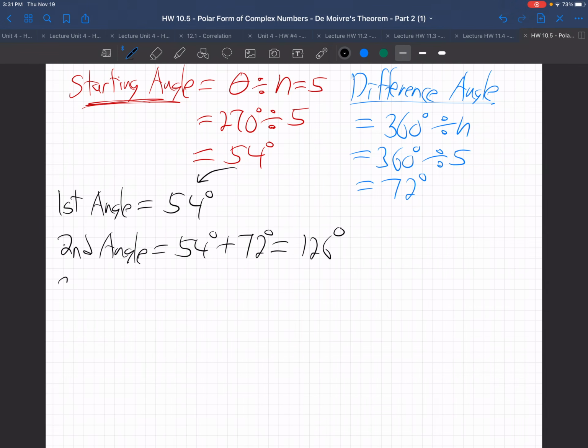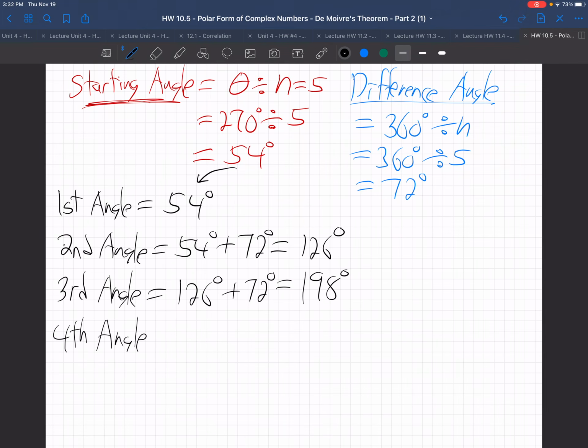That'd be 126. The third angle, remember it's the last angle we got, the 126. Add the difference again. So what's that? 198 degrees. The fourth angle is the last answer we got. Add the difference. That's 270 degrees. The fifth answer, the last one, right? We have 5 of these.